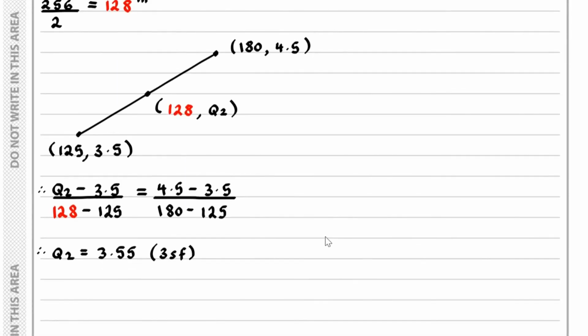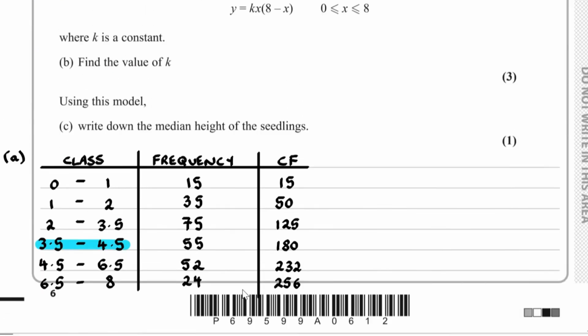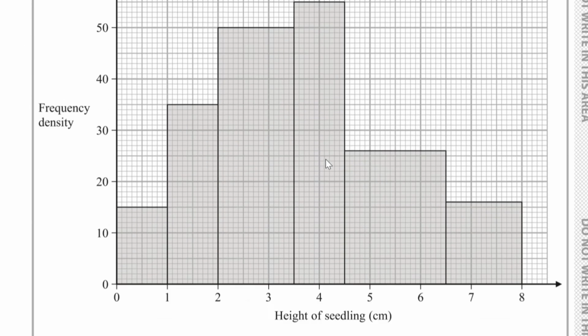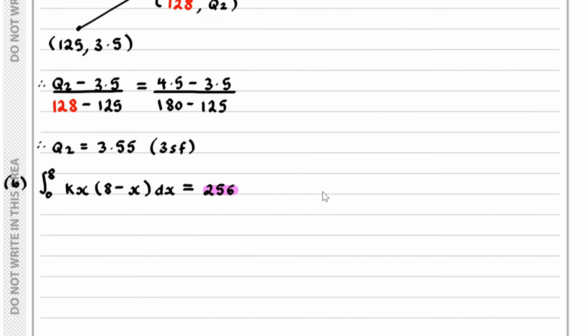Integrating the frequency density function will get us the frequency. And so therefore, for part B of the question, if we integrate between 0 and 8 the function y, which is kx multiplied by (8 subtract x), with respect to x, and if we set this equal to 256, which is the total frequency, then we can find out what k is.